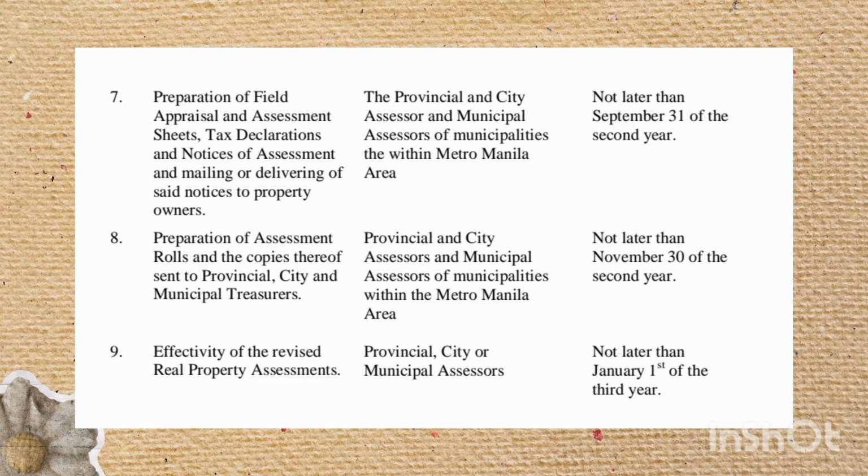So this is to ensure that the entire appraisal and assessment process is organized and follows a structured timeline for efficiency and accuracy. So the appraisal or the assessment calendar is important because it ensures the timely and organized execution of the property appraisal and assessment process, helping local government units maintain accurate tax records and meet legal deadlines.